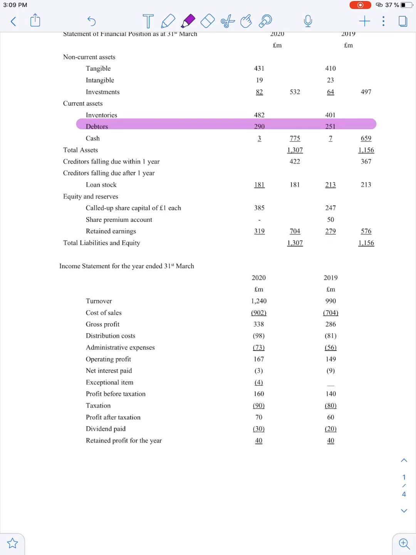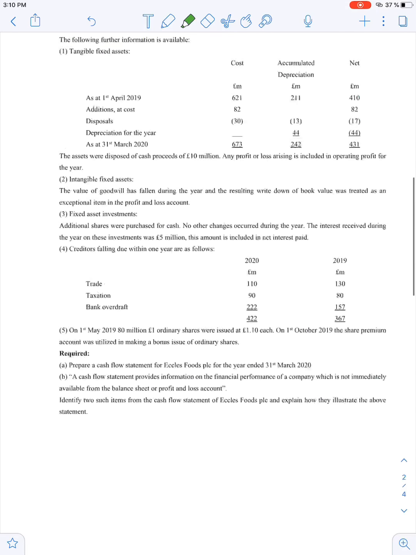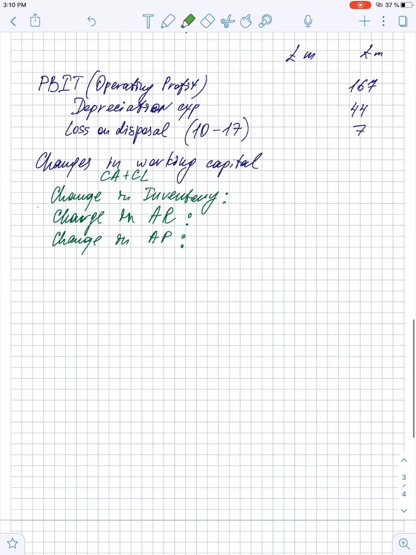So what for inventories? Inventories increased from 2019 to 2020 by 81. That means, other factors being equal, of course, that the company purchased additional inventory and spent cash. So we have to consider that increase in inventory as a decrease in cash.